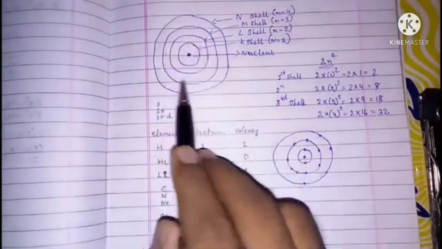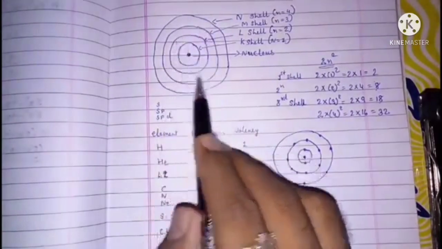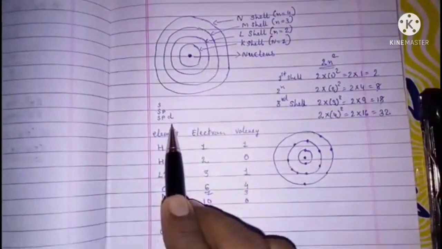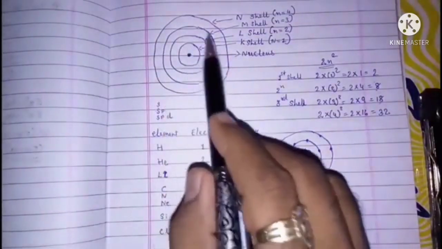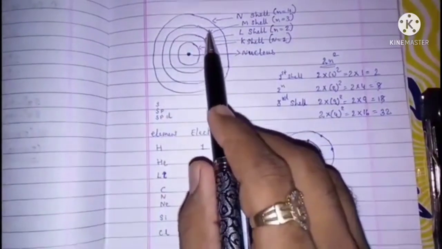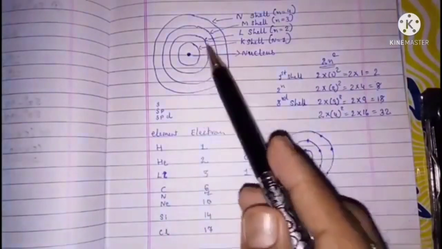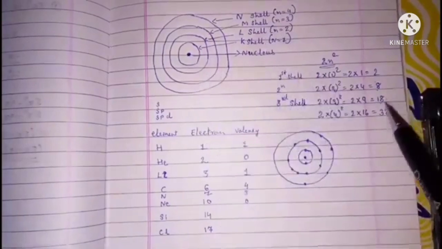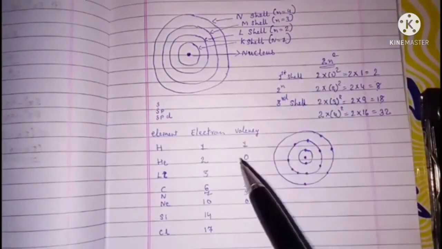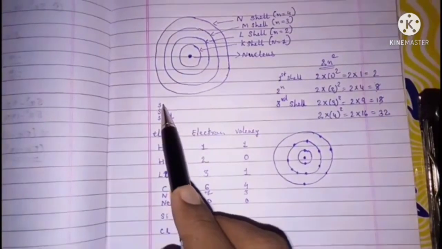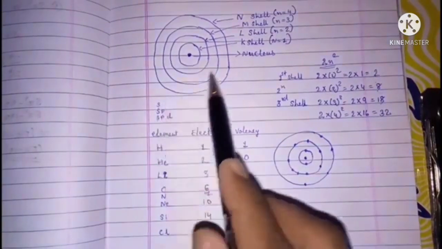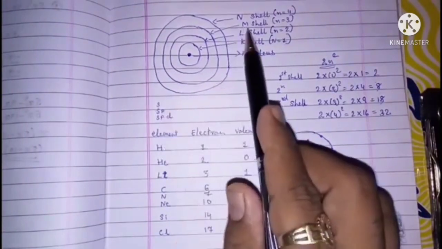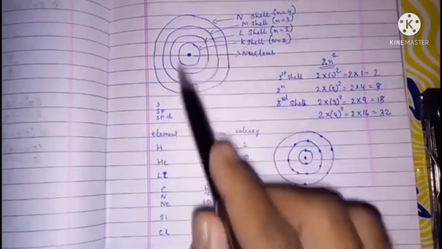The third shell is divided into 2 more orbits, S and P. The fourth shell is divided into 3 orbits, S, P, D. So the K shell, L shell, M shell and N shell are divided into S, SP, SPD like that, my dear children.